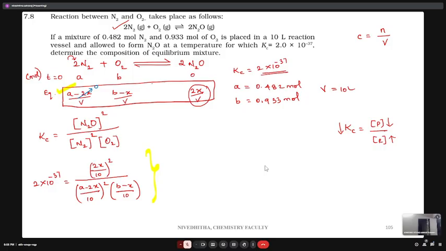Similarly, here also x tends to 0, but you cannot tell 2x is 0 because a small quantity is formed, right? So we cannot have it as 0. But A minus 2x can be taken as A. So to make this numerical simple, I'm going to avoid this 2x and x term here.